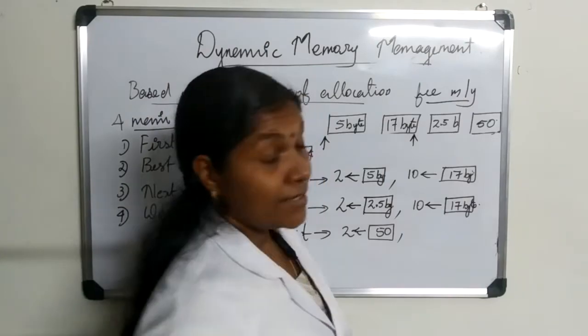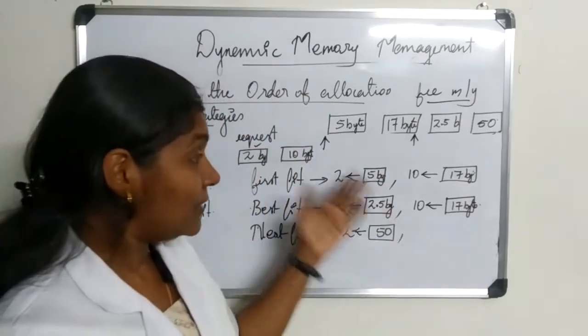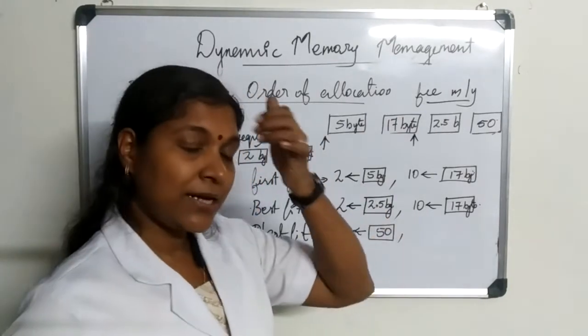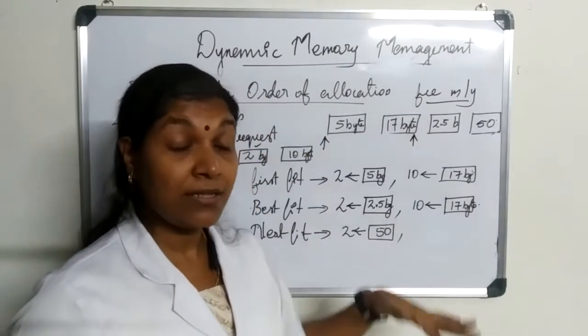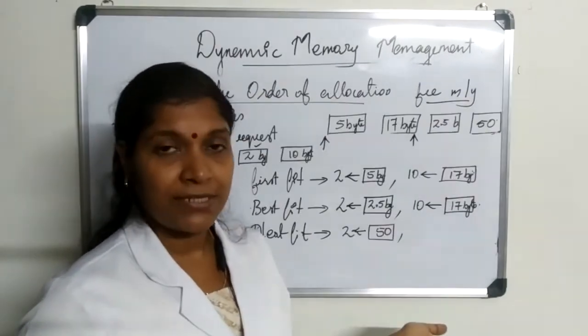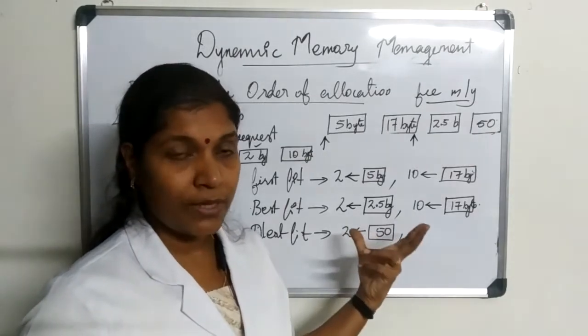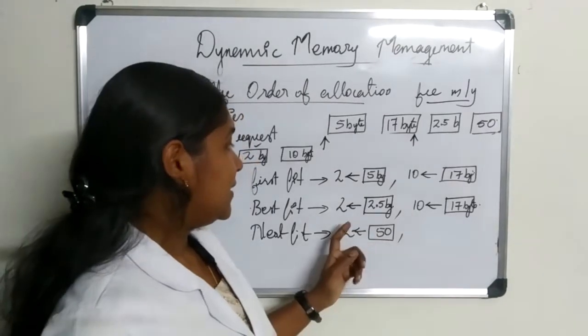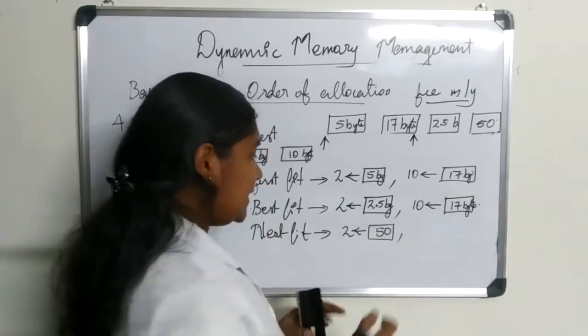There are two types of allocation scheme within these 4 classifications: one considering the residue and one without considering the residue. I will tell you in detail later.